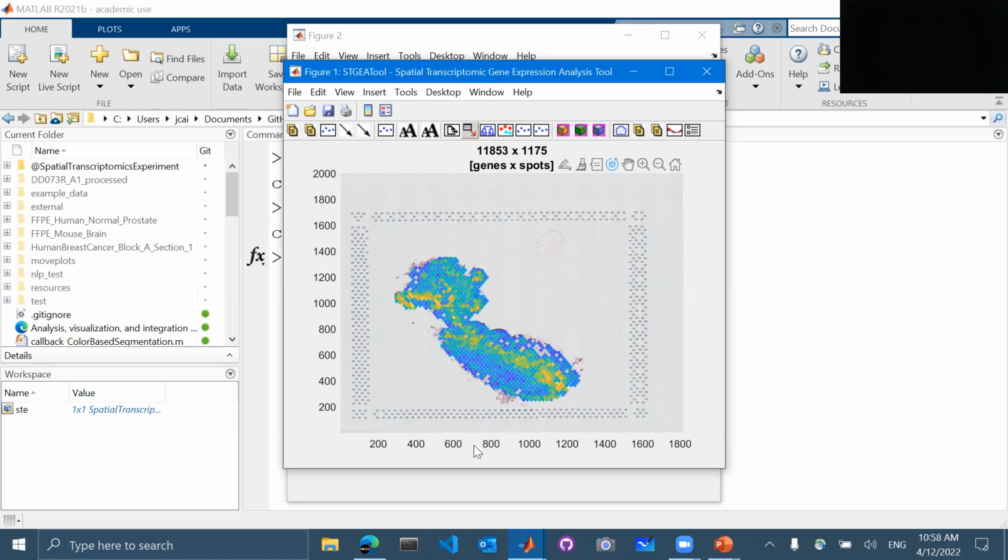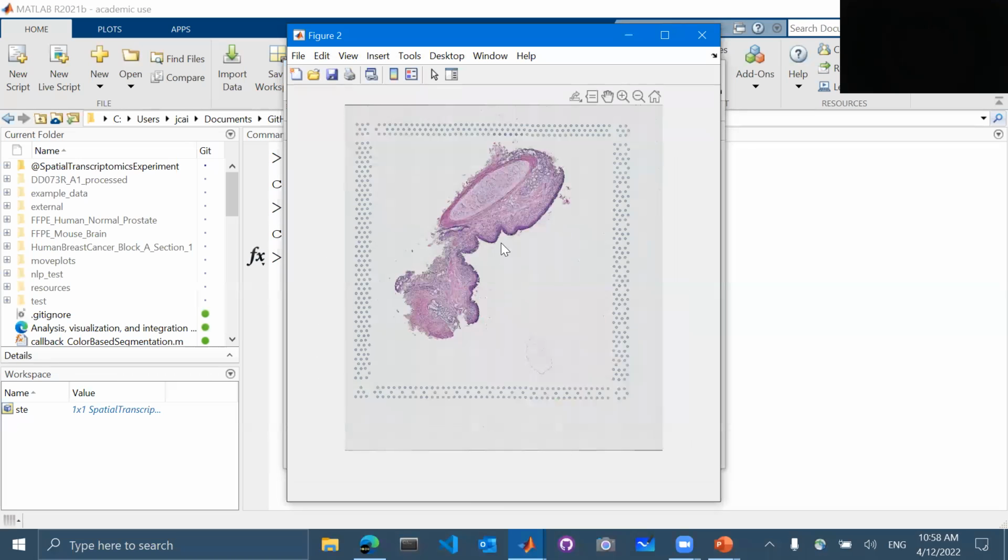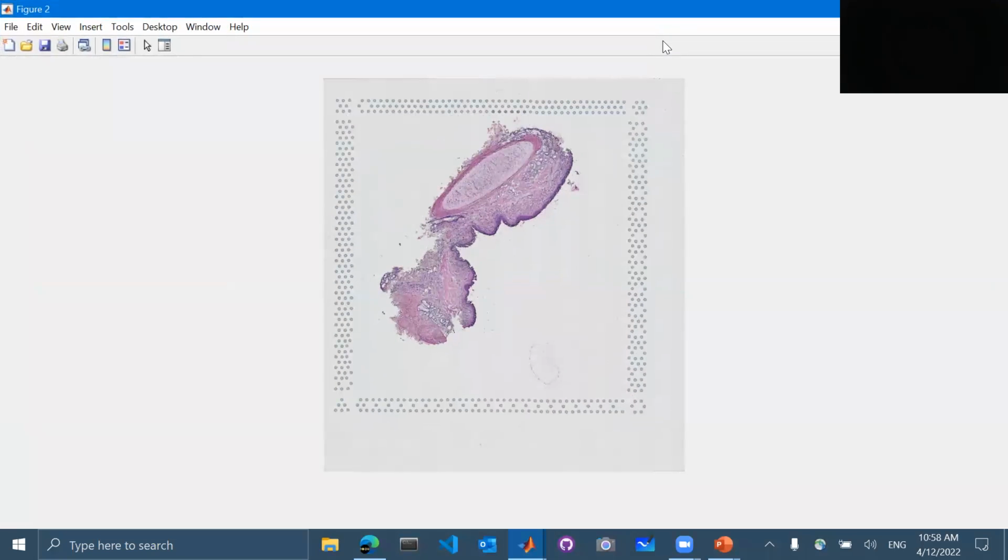Well, one of the problems I want to study is to see what are the genes expressed around this particular structure of this oval shape? So I want to find the genes expressed highly around this shape, but lower away from this shape.